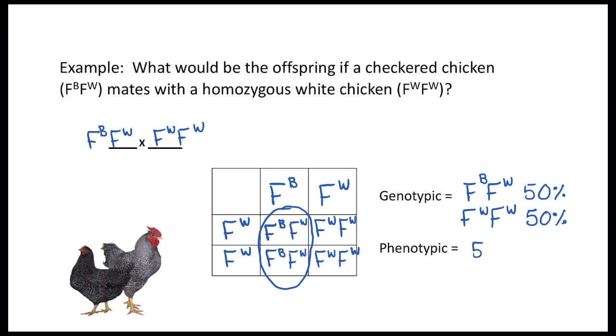So 50% are checkered. And 50% are white. So essentially, you are getting a 50% chance of looking like one of the 2 parents.